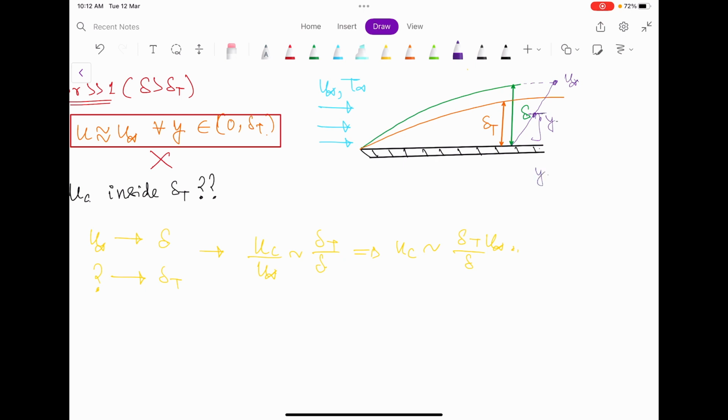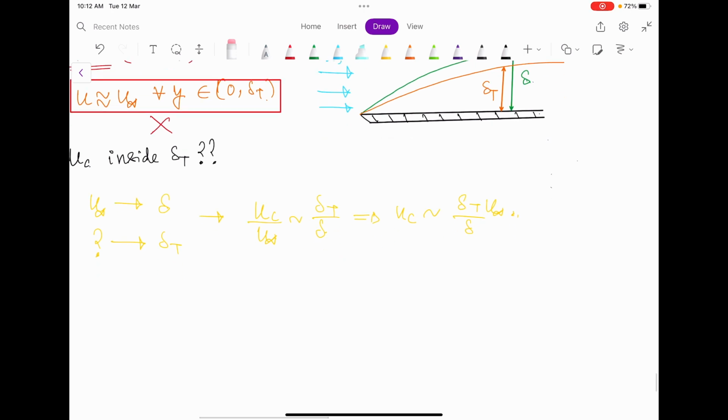It will be y into u infinity by delta. And this y has the order of magnitude of delta t. This is the type of intuition here. As these scales are very small, that is why we can do this approximation. This is the crux of the scaling analysis here.